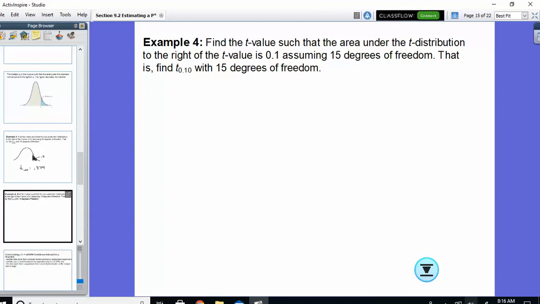Why don't you guys try the next one on your own? Practice reading this table. So our area to the right is 0.1. This is kind of the opposite of how we read the normal table. In the normal table, the z value is going around the outside and the probability is in the middle.